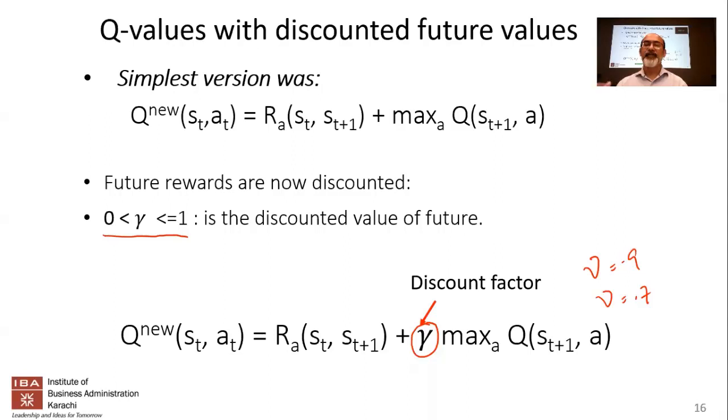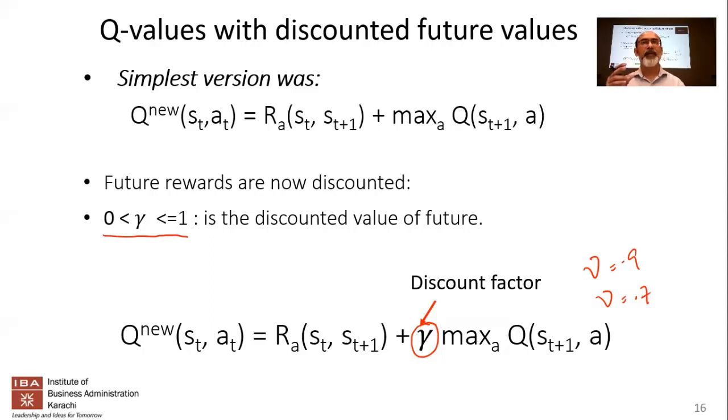And if you notice, for subsequent values, if you're reducing it by 10%, then something which is 2 time steps further down will actually be reduced by how much? Will it now be 0.9 of the original value, or will it be 0.8 of the original value, or what?